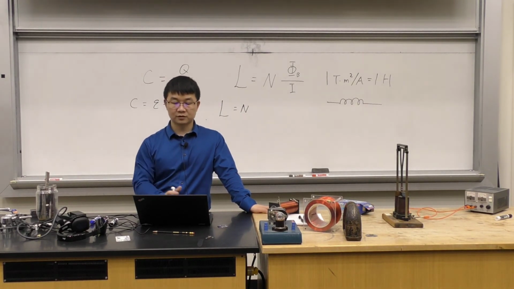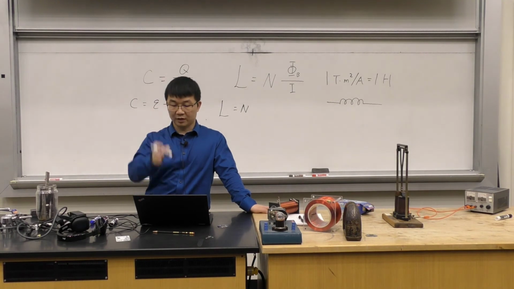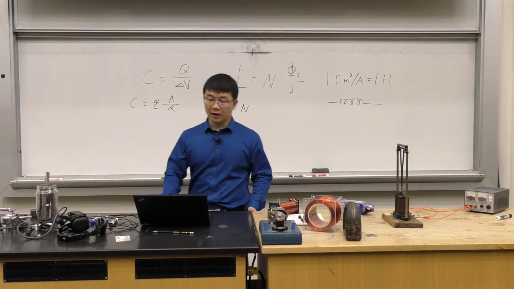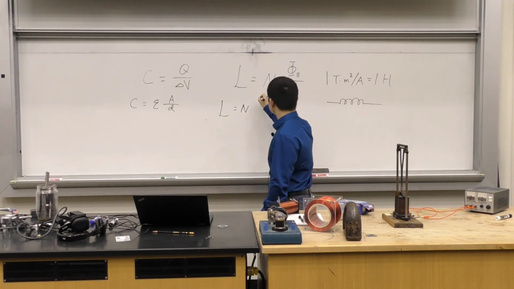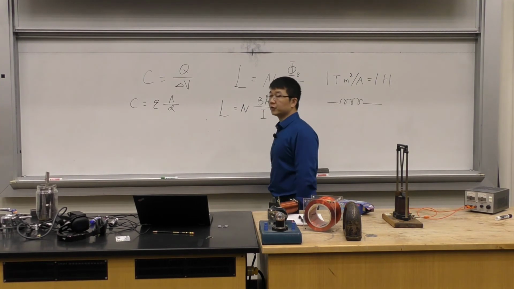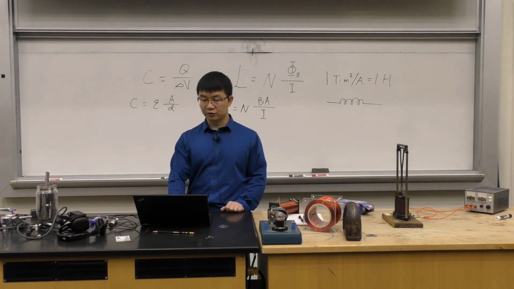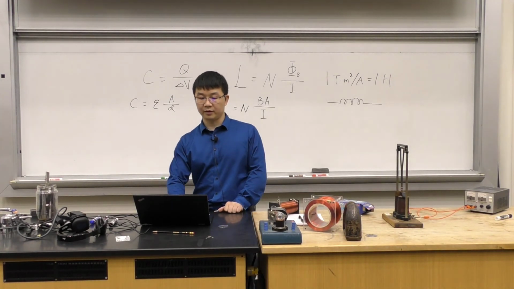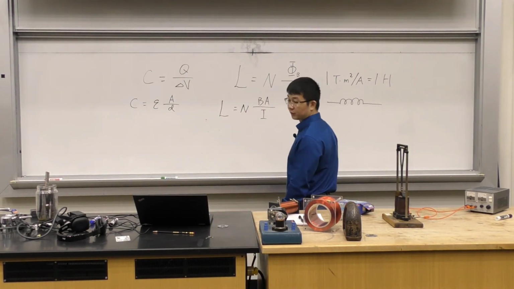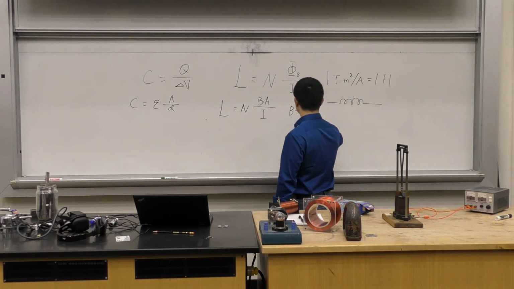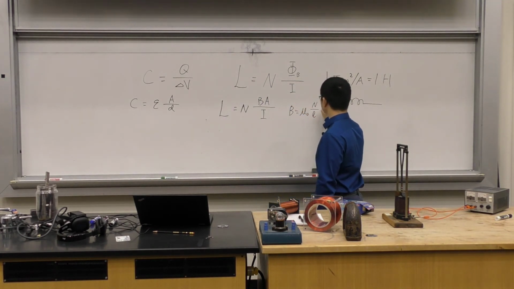That's why the flux is going to be B times A, because the magnetic field is perpendicular to the surface. And the magnetic field in a solenoid, we also have a very nice equation for that: mu naught times big N times I divided by L. Then you can put everything in, and the B is going to be mu naught N divided by L times I.